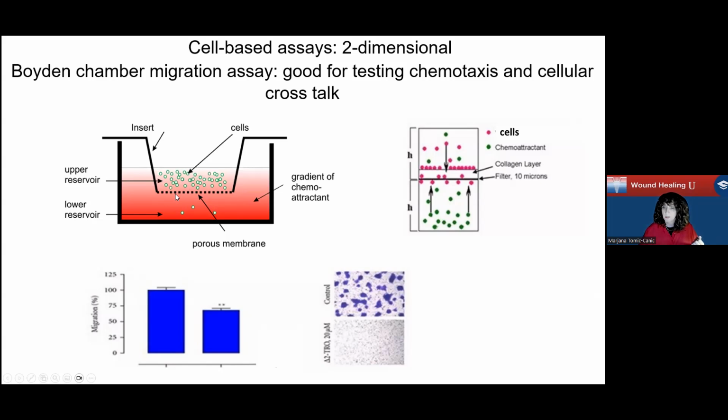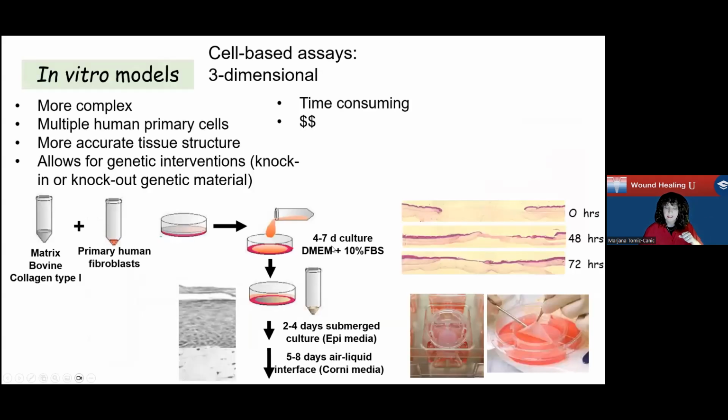Again, the membrane can be controlled. The size of the pores can be controlled. So there can be a mix of cells, but you can select them by size. Or you can place 2 different cell types in the top and the bottom and see how they cross-communicate and which one actually stimulates migration of the other. So again, 2-dimensional cell-based assays.